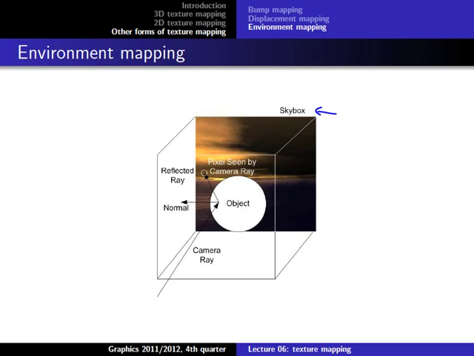And you do this like in the light calculation we did: we have a normal vector, then we have an I vector, and depending on the angle of the light, if these two angles are the same, then for the Phong shading we have the maximum reflection, because this is what you would get in a perfect reflection. And this is exactly what we're using here. We take the I vector towards an object, then we have the normal, and then we calculate the perfect reflection and follow that ray until we hit the environment, and then we know this is the pixel that would be reflected here with the perfect reflection.